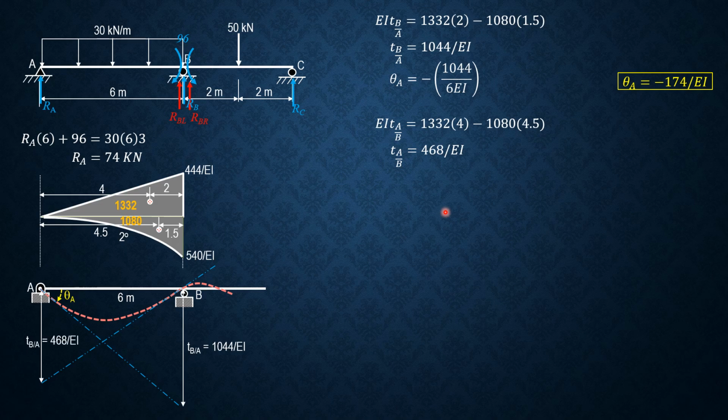So that's the deviation of A relative to B, which is 468 over EI. The tangent at B is counterclockwise from the horizontal as shown, so theta B is positive. Theta B is opposite over 6 again, so theta B is 468 over 6EI. That's why theta B is 78 over EI. So that's it, and I hope that my explanation is very clear. It is just an application of area moment theorems.